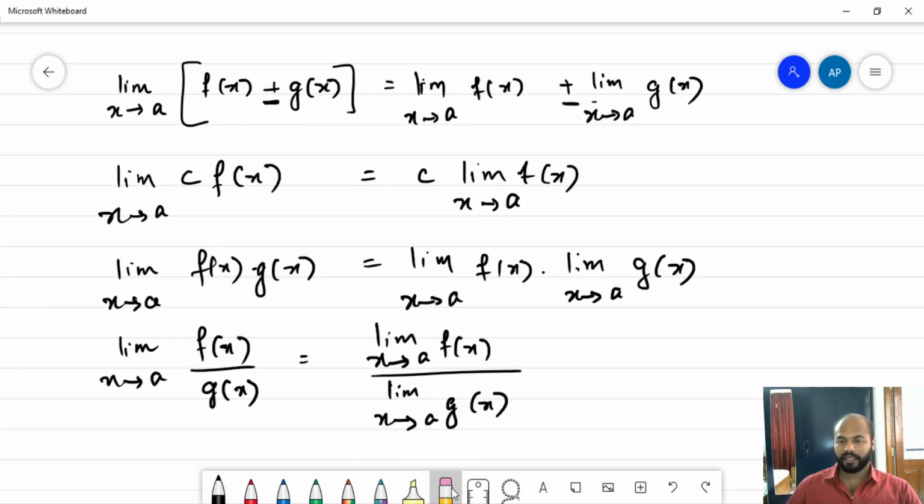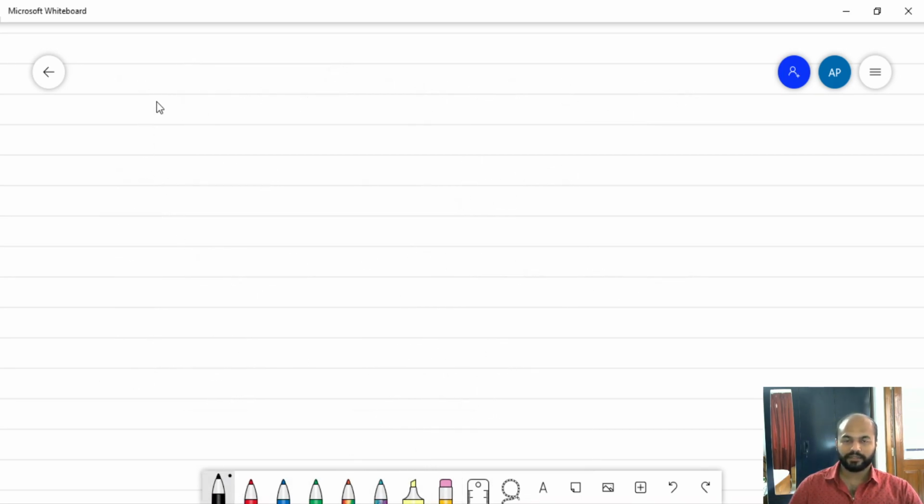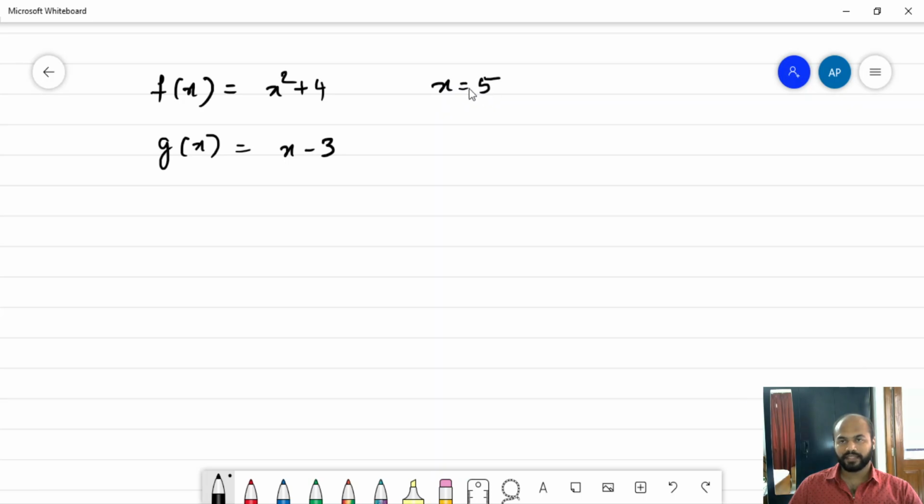Now let's take an application based on these properties. It's given to us that the one function that we have is x squared plus 4 and the other function g of x that we have is x minus 3. So the point given to us is x equals to 5. This is the critical point.